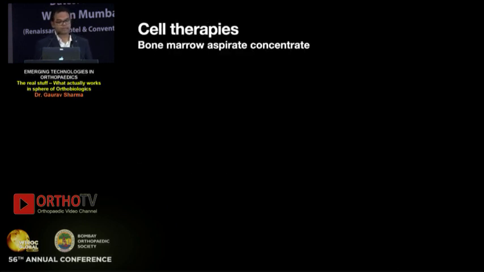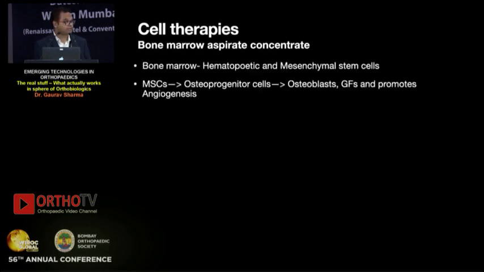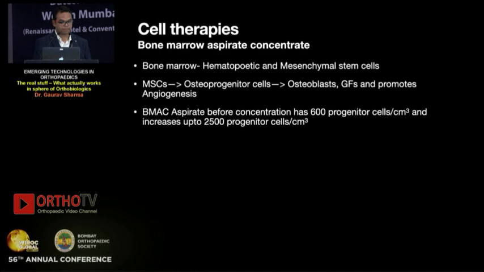Cell therapies comprise BMAC, which is bone marrow aspirate. Bone marrow basically consists of hematopoietic and mesenchymal stem cells, and the mesenchymal stem cells have the propensity to generate osteoprogenitor cells. Then they can form osteoblasts, and the growth factors promote angiogenesis.